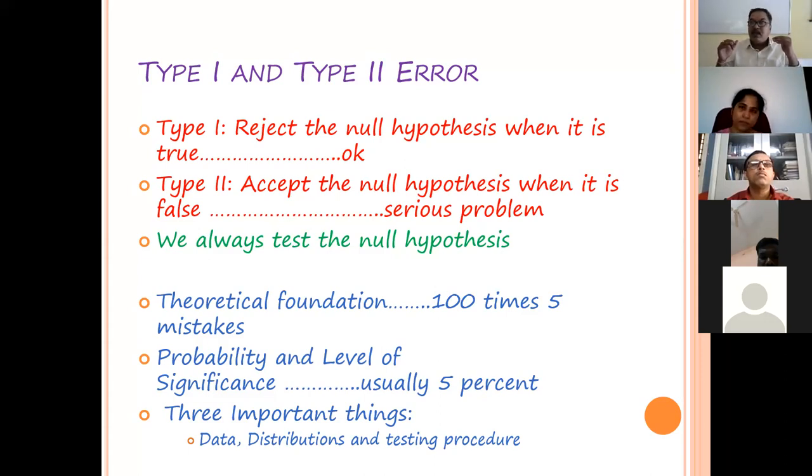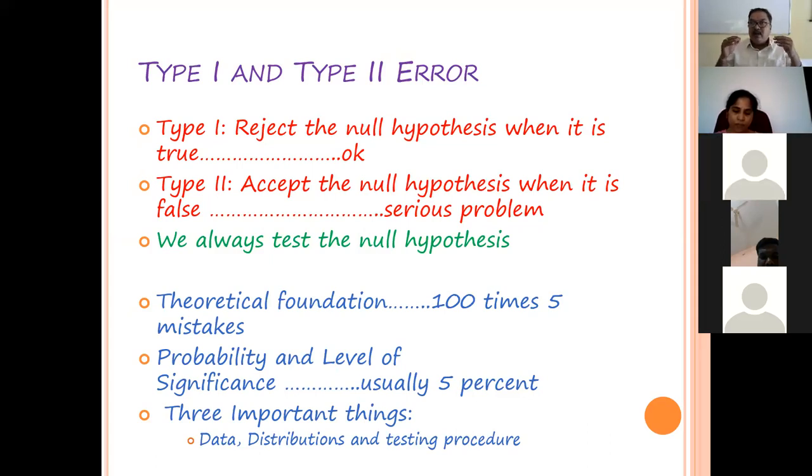That allowable error should be minimum, and the level of confidence should be more. While you accept or reject, the confidence should be more and the margin of error should be less.